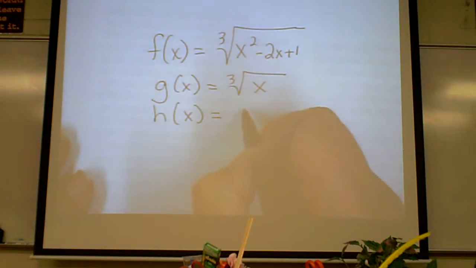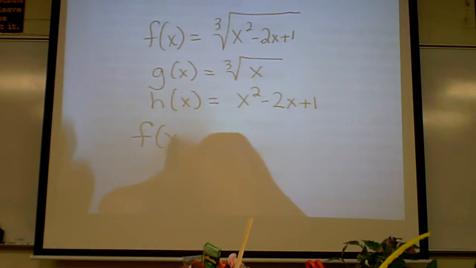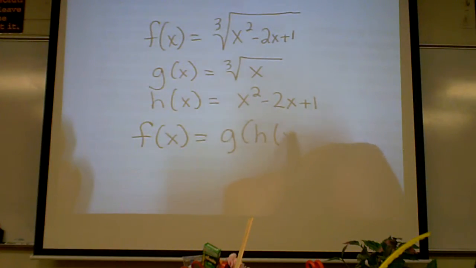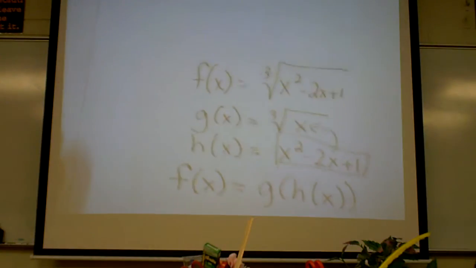What would the small one be? X squared minus what's underneath? So f of x is the composition of g of h of x, because if you take this and plug it in here, you get that. Okay, everyone's got that down? Yep.